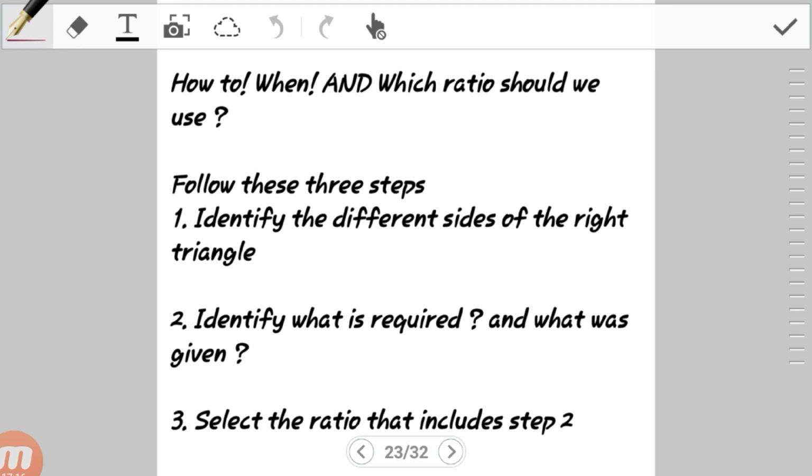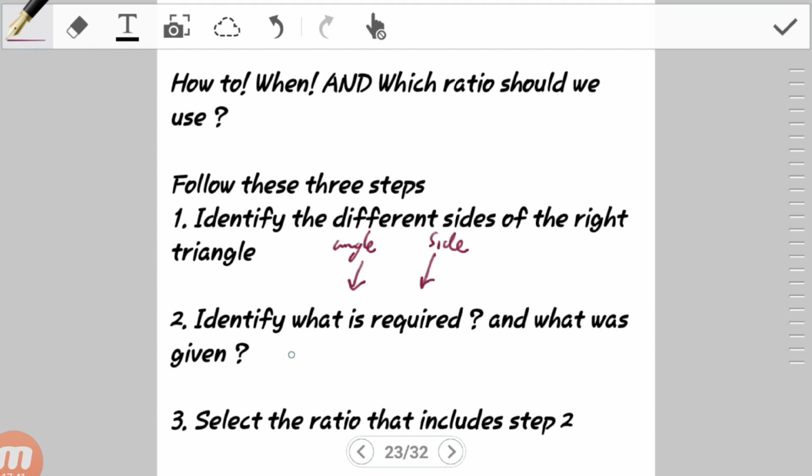Now, like in everything that we do, there must be something that is being required to find, and there must be something provided to you to help you find what you're looking for. So sometimes you may be required to find an angle, and other times you may be required to find the length of a side. Okay, so it depends.